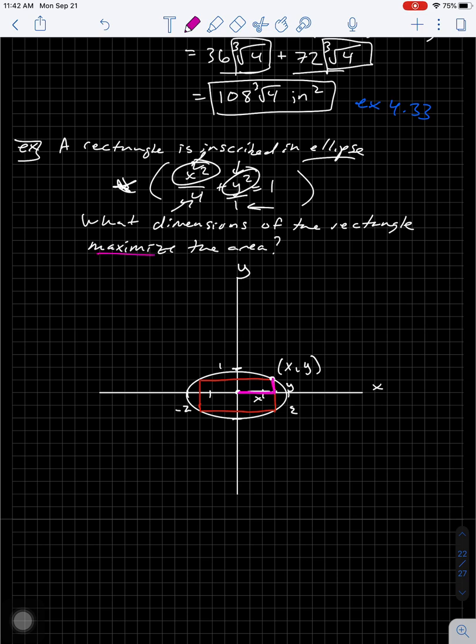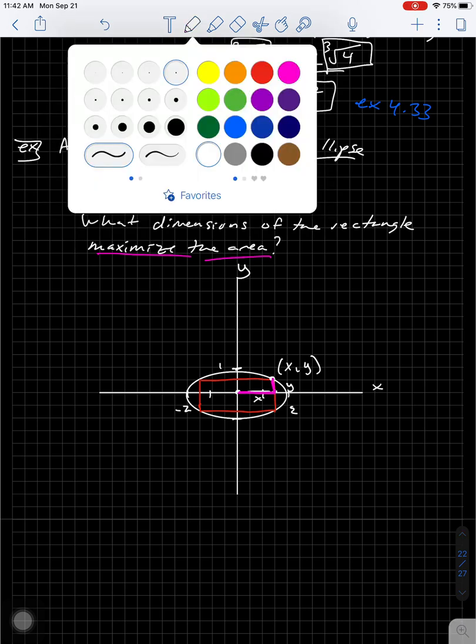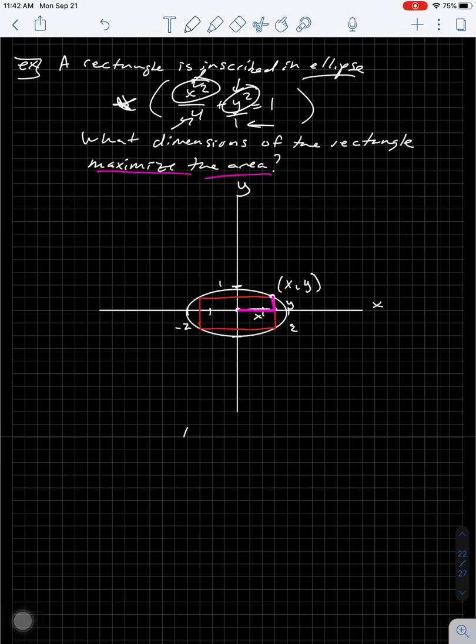So I want to maximize the area of the rectangle. Area of a rectangle is base times height, right? Which is not x times y, because x is only half of the width of the rectangle. So the whole width is going to be 2x. And the height, half of the height is y, so the whole height is going to be 2y.